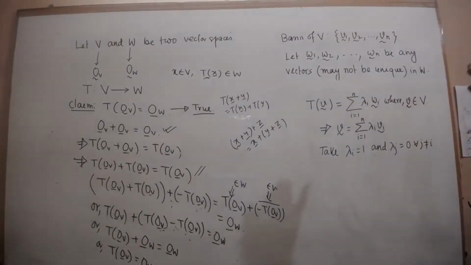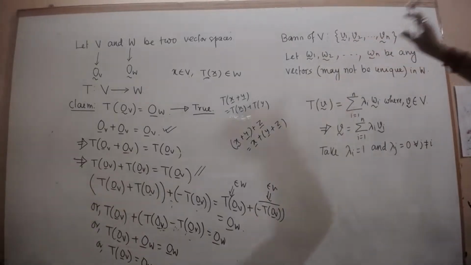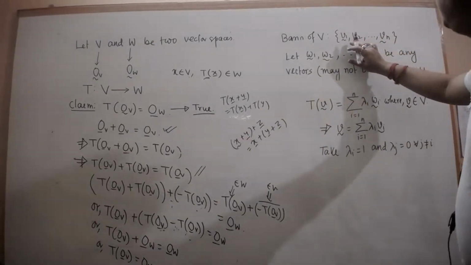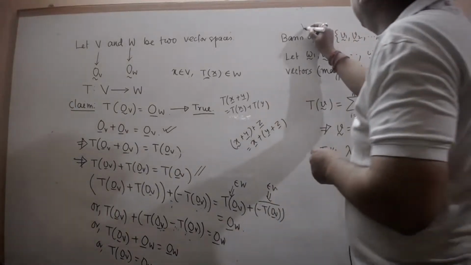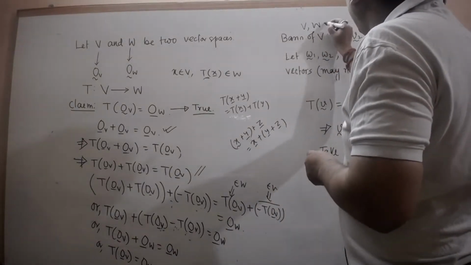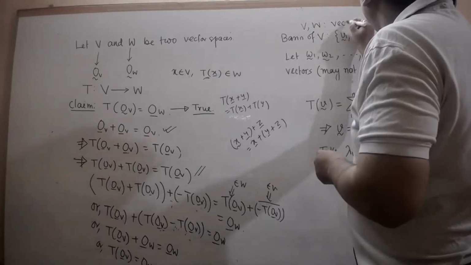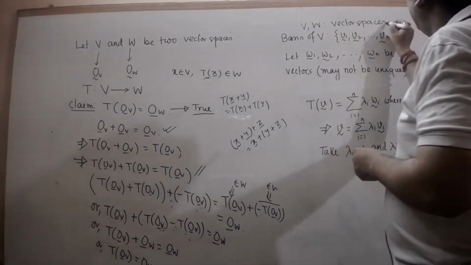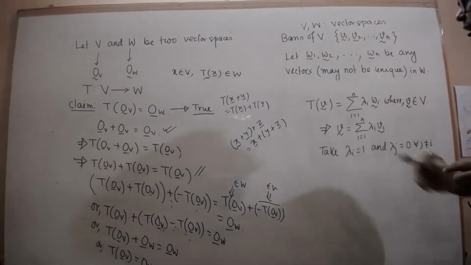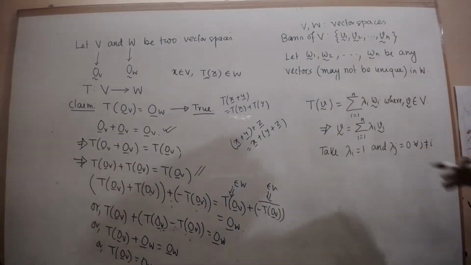So first I take a basis of V, v1, v2, ..., vn. Then I take some vectors w1, ..., wn in W. V and W are both subspaces, both are vector spaces. Now I define operator T(v curl) equal to the sum over i from 1 to n of lambda_i w_i.